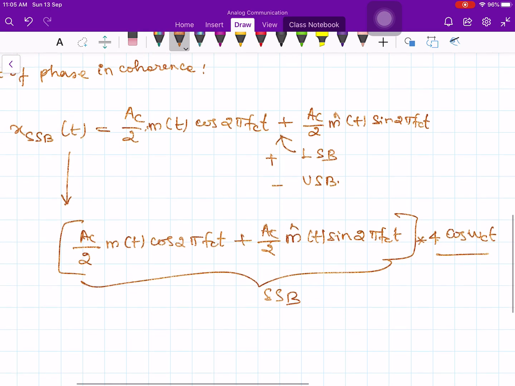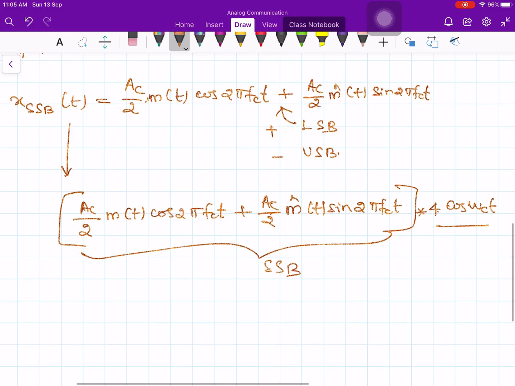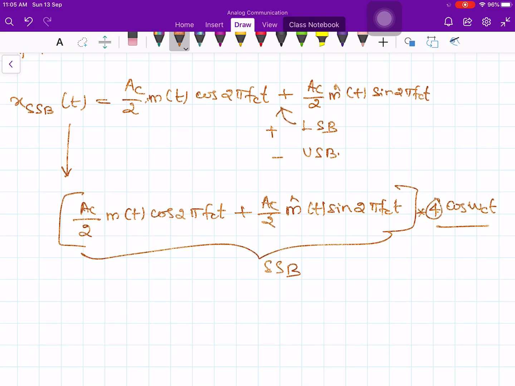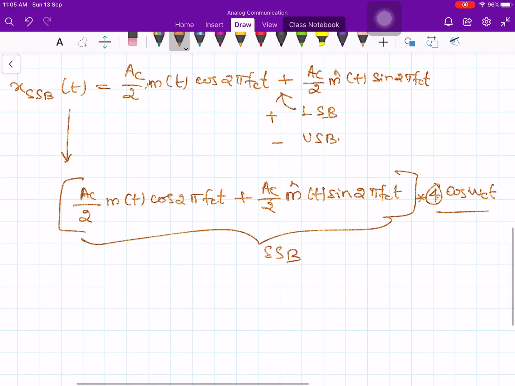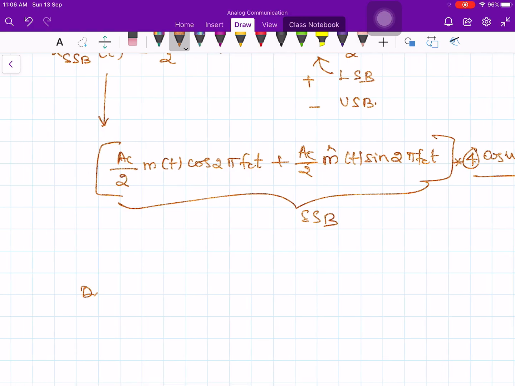It is a very simple trigonometric exercise. For convenience, let's multiply by 4 times cos omega ct. If you do the multiplication term by term, then the demodulator output, let me straight away write down the result, let me denote by y_d(t).